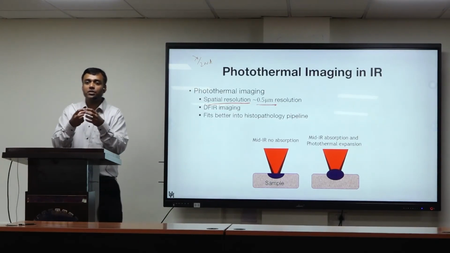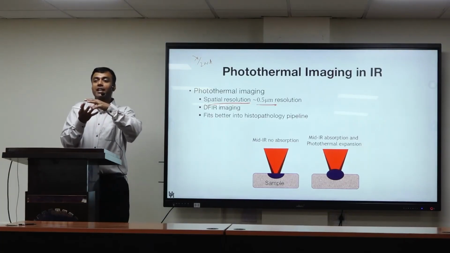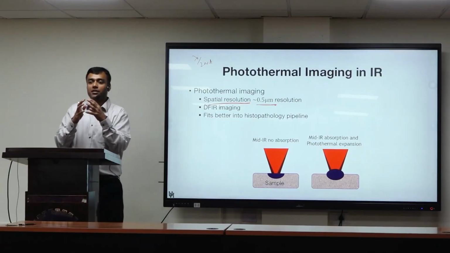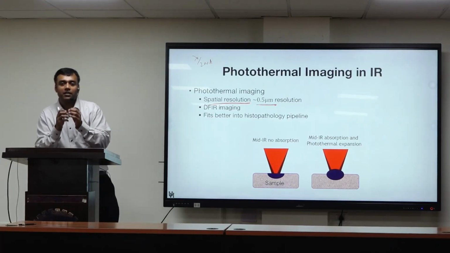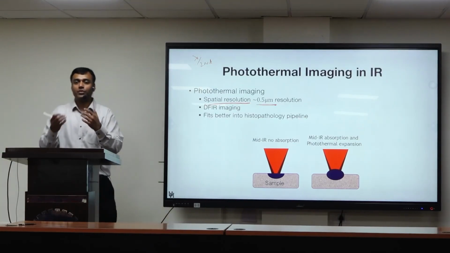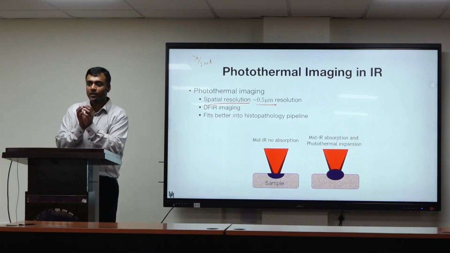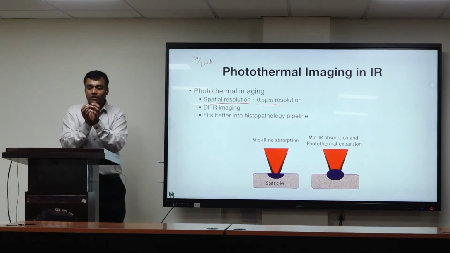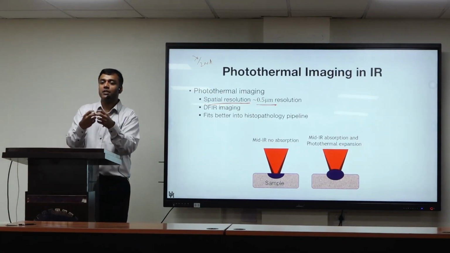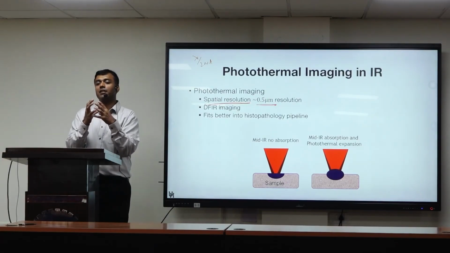When energy is deposited, there is heating. When there is heating, there is expansion. When there is expansion, there is a change in the refractive index or the height, both. The combination of height and refractive index change. This is called the photothermal effect. So light falls on a sample, it gets absorbed, it expands a little bit.